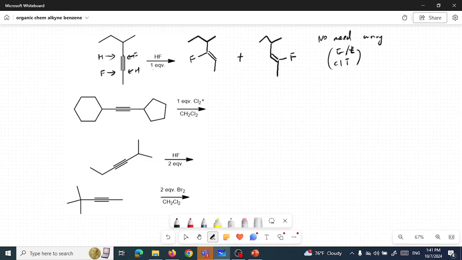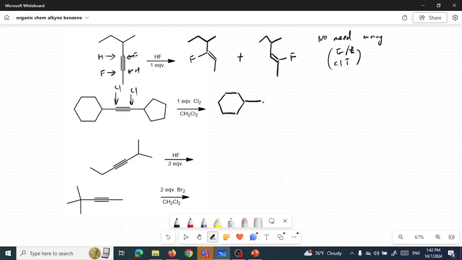Now the second one is adding one equivalent of Cl2 in methylene chloride. Where the triple bond is, on each carbon, we're basically adding a chlorine to both carbons. So it's going to be a cyclohexane. The same thing: it's not going to be a linear double bond.